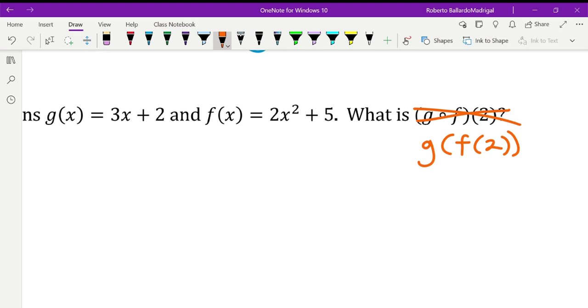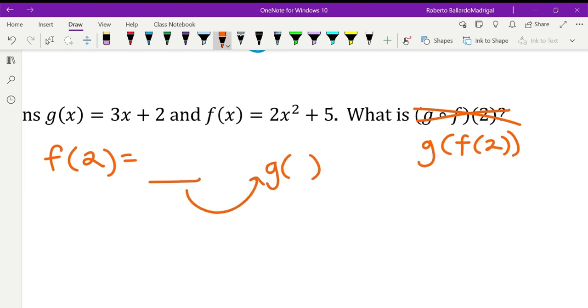When you see this notation, you are starting from the inside and working your way outside, which means evaluate f of 2 first. Whatever you get, then you can plug that into g. That's what this is saying. It's saying find f of 2, whatever you get, plug it into g.